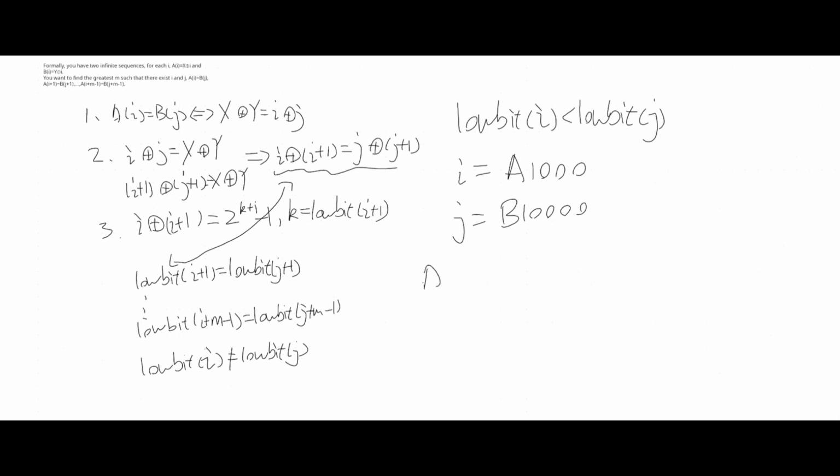I becomes A1111 and J becomes B10111. However, if we increase I and J by 8, which is just 1 higher than 7, their low bits become different. Because in I, it will become this, while in J, it will become this.